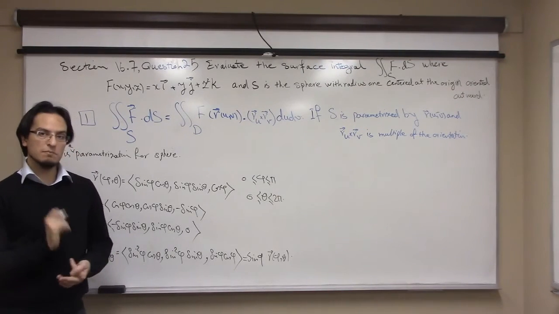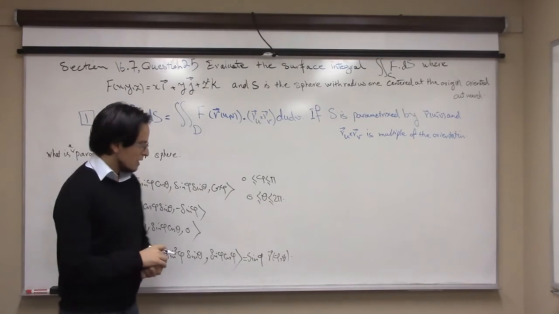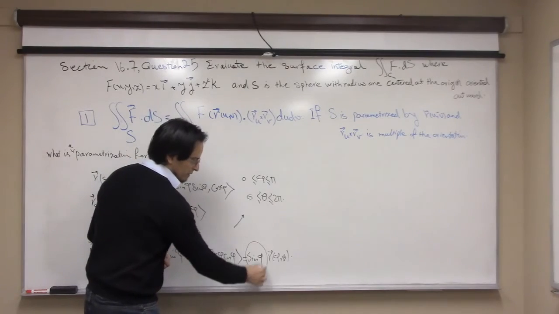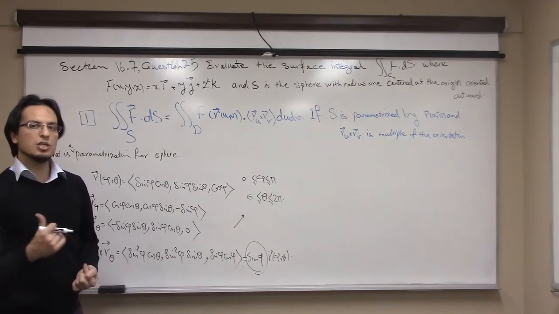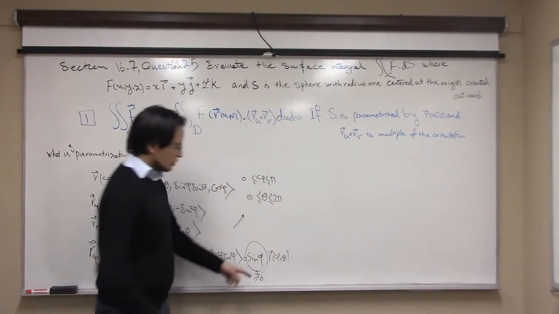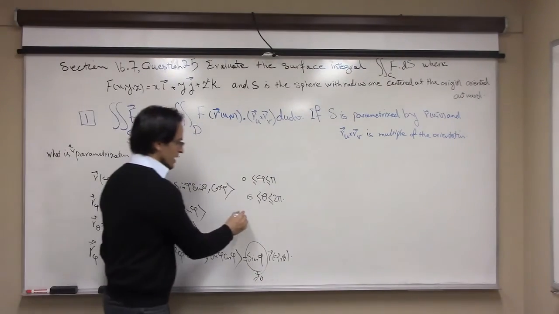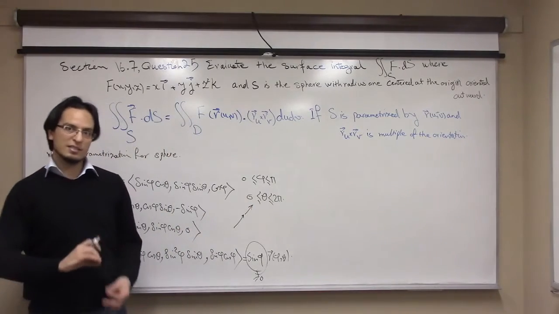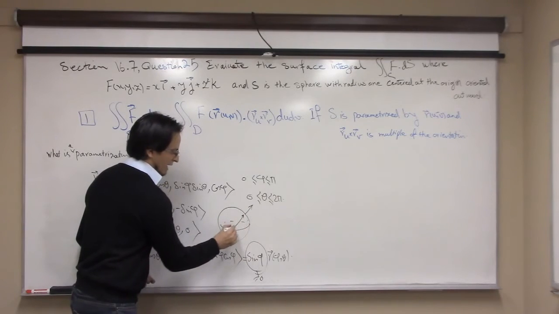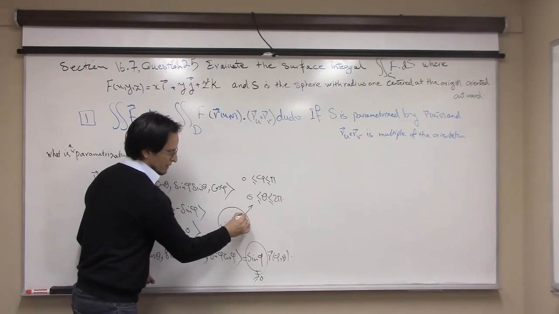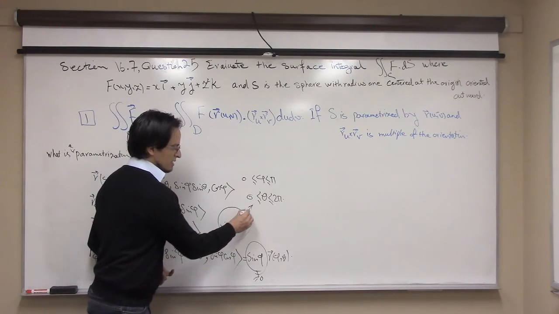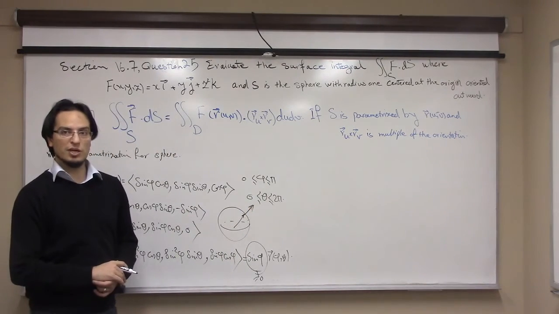What does it mean? It means that if this vector defines the surface, I multiply it by something like that. Sine of phi, if phi is between 0 and pi, is always positive. So I multiply it by a positive thing, so it is going to be in the same direction. So look here: if you have a sphere, and that point is given by this vector, then the orientation that this parameterization gives us is in the same direction.